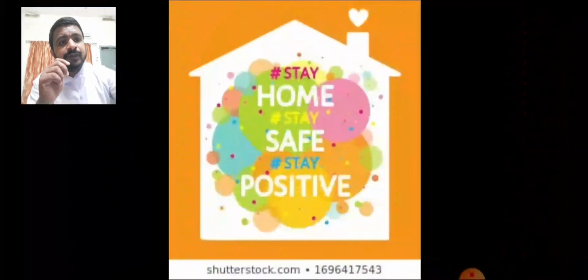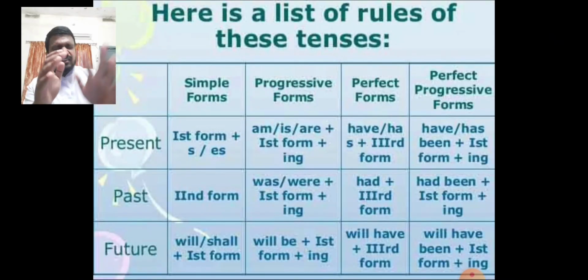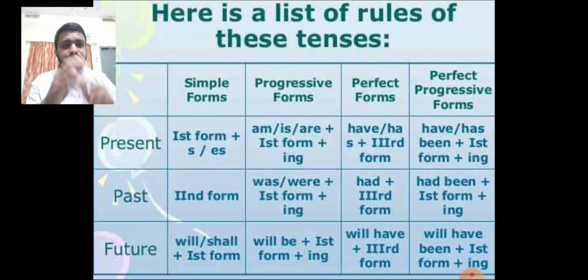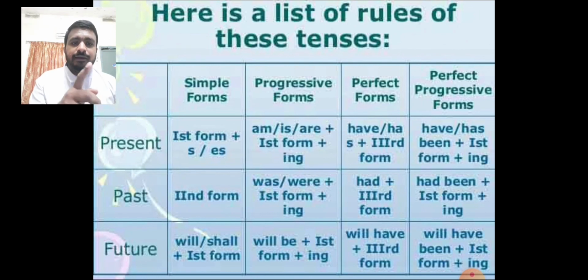And the formulas have been given here. First, the present tense: first form plus s or es. Then for the progressive tense: am, is, are plus first form plus ing. So that's what we have studied today. So remember the formulas.